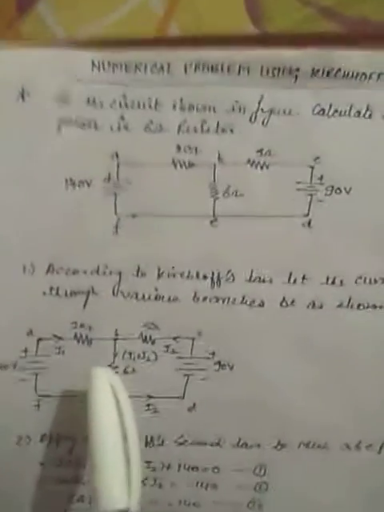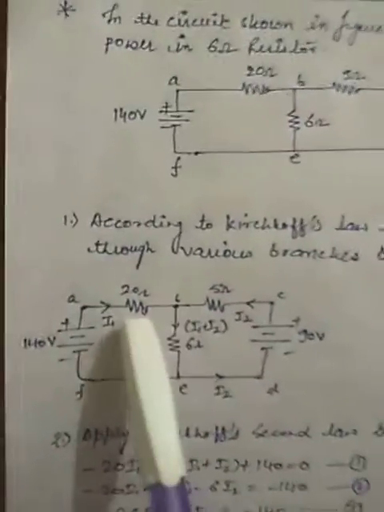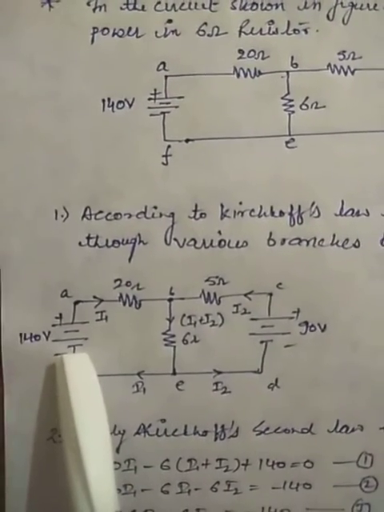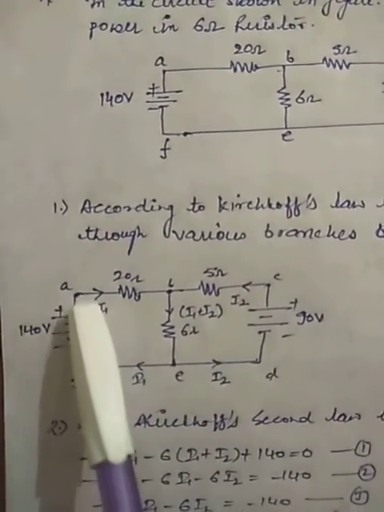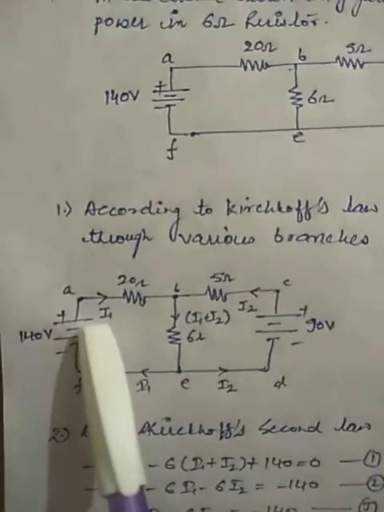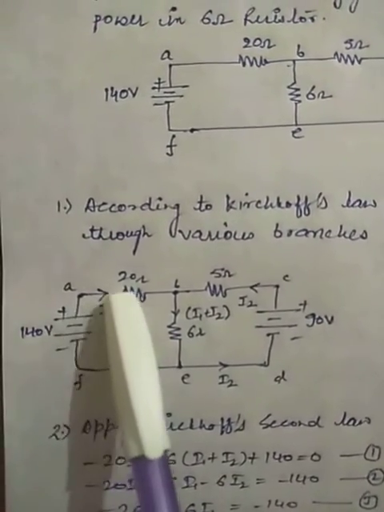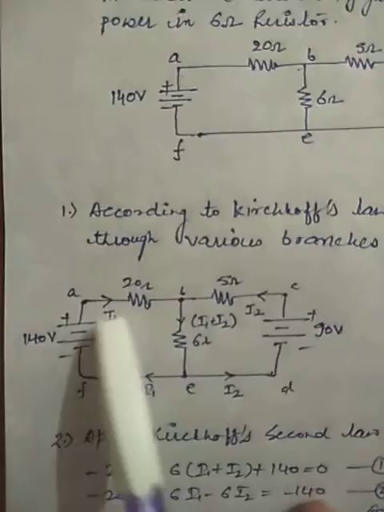So this is the same diagram again, but here we will mark the direction of current. So this is one voltage source, 140 volt. From here we will consider the current is flowing from the positive sign of the battery.